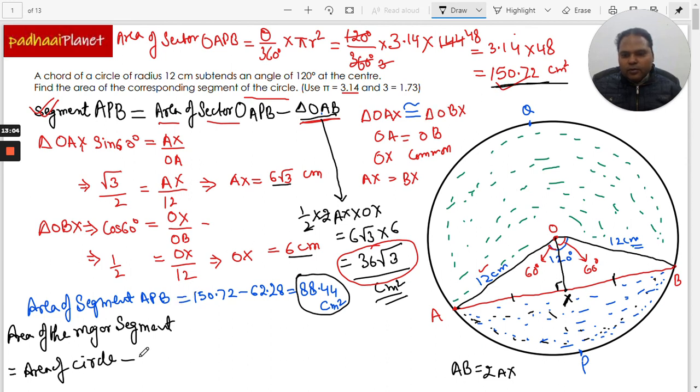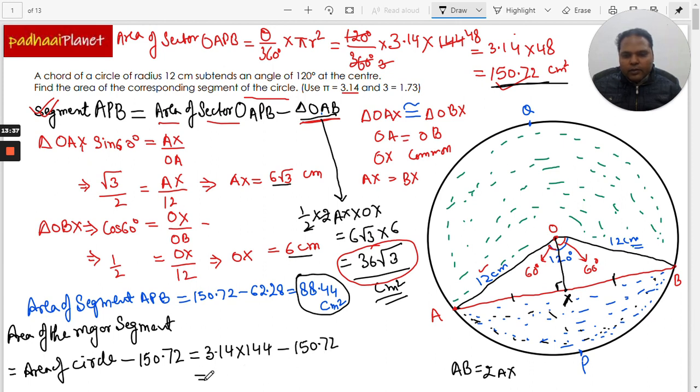So that's 150.72. Now area of the circle we already know, it's always pi r square. So putting the value of pi, which is 3.14, multiplied by r square, that means 144, because the radius is 12 and square of the 12 is 144, minus 150.72.